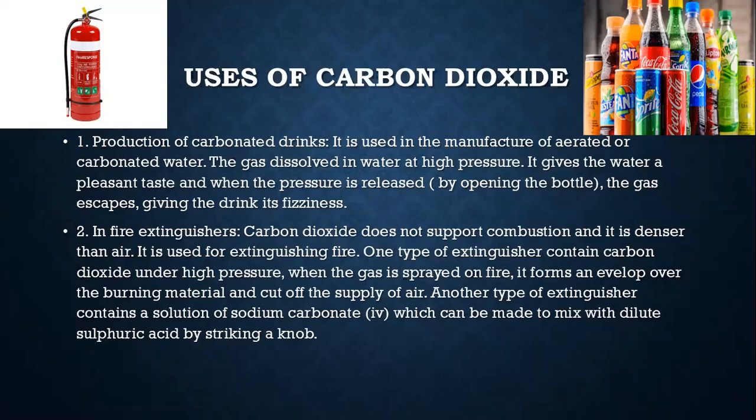So you can see that sodium carbonate is a metallic carbonate and H2SO4 is an acid. So when acid reacts with metallic carbonate, what happens? CO2 is going to be produced. So the CO2 that is now produced is mixed with the liquid under pressure. So when they press it and center it over the place where there is the fire accident, the CO2 present in it is going to serve as a cover-up and then extinguish the fire. Is that clear?